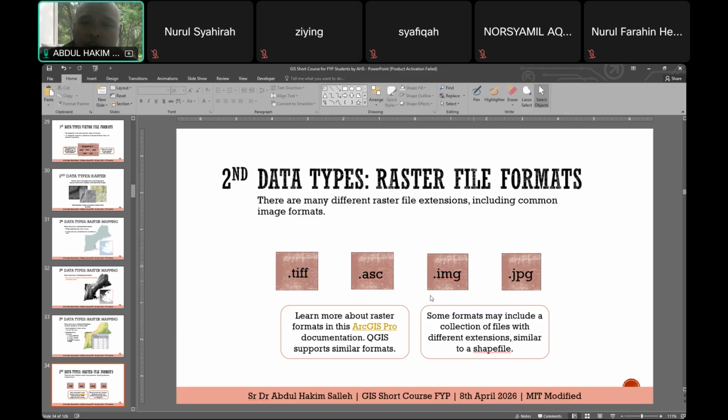It can be in the form of an IMG image or JPEG, a compressed image. Okay, but it is singular. It is not integrated to form a single file. No, not like vector, where there are 5 children files in order to explain a single shapefile.